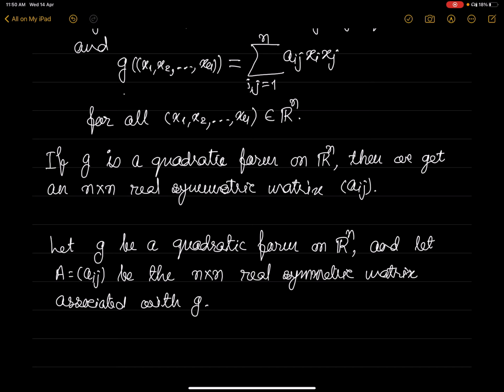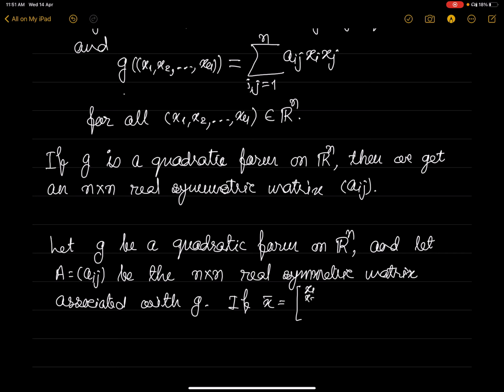Right. Now you can check that, if x bar, now we are going to write elements of Rn as column vectors. So first, let me write it once; I'm not going to write it every time.